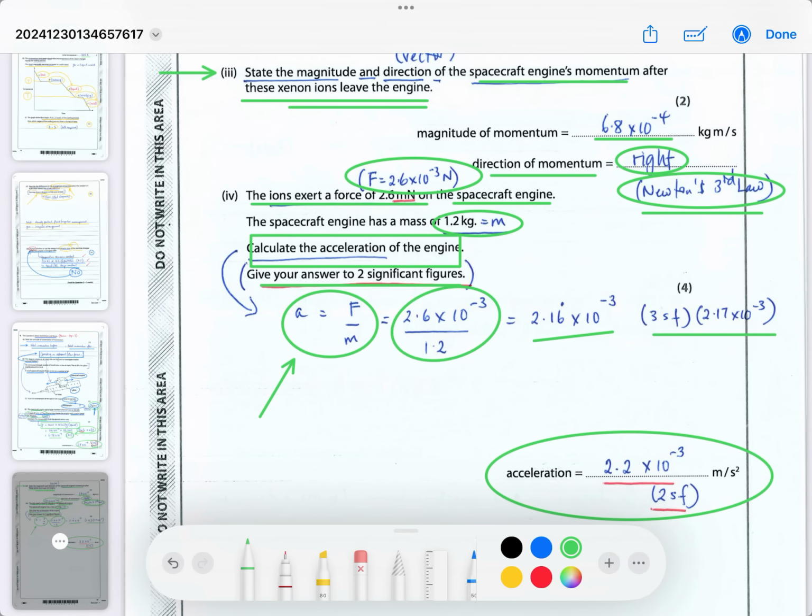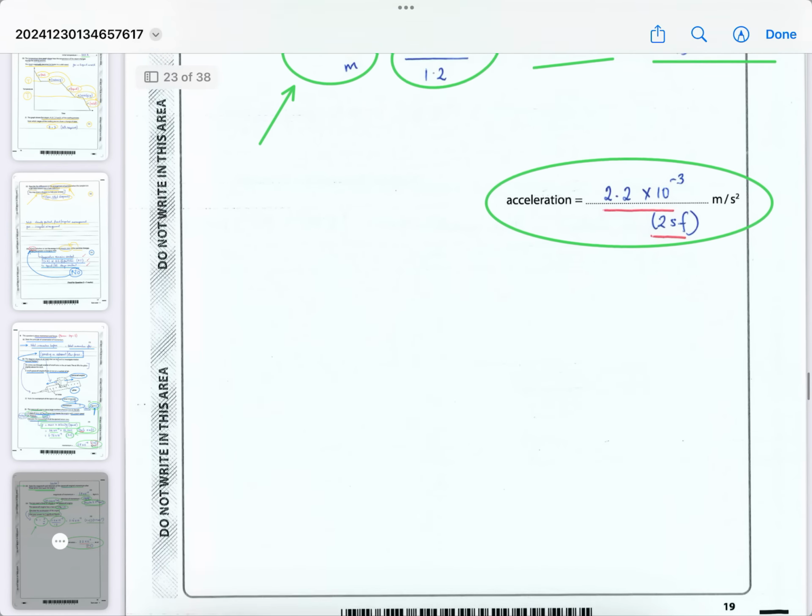One was the gas, one was the spacecraft. And then Newton's second law is when you're just analyzing what happens to one of those objects, in this case the spacecraft itself. So you eject gas particles out the back, the spacecraft will move in the opposite direction. It will move forwards.